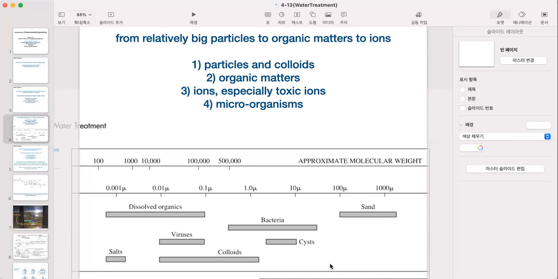But actually, the fine particle, 초미세먼지 in Korean, is actually less than 1 micron, sometimes 0.1, 0.45, similar to the colloid size.